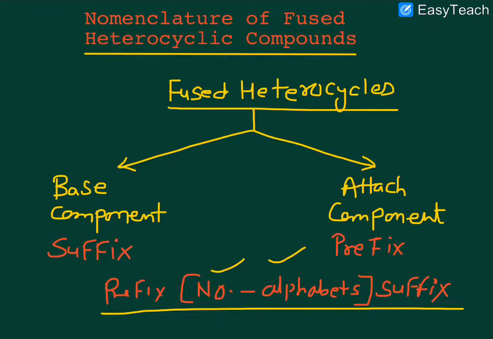There are two types of components present in this example. The first is the base component and the other is the attached component. The main thing in fused heterocyclic nomenclature is the identification of the base component. What type of base component is present in this compound? In this example two rings are fused to each other, so which ring is used as the base component?